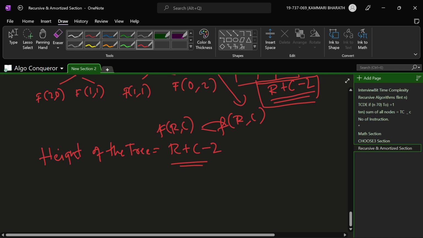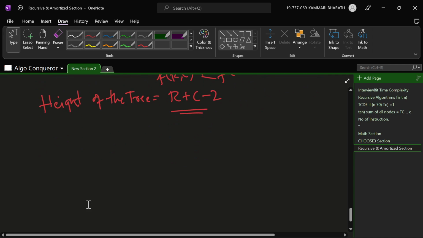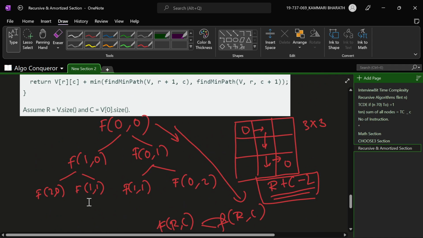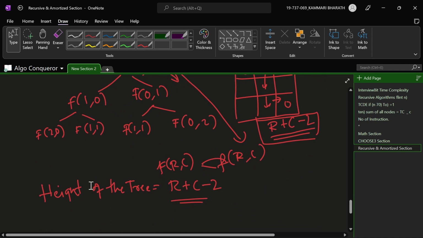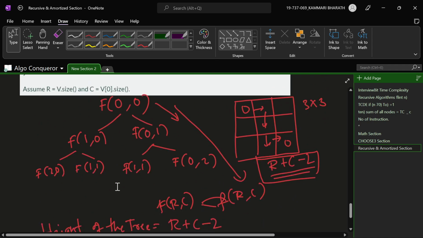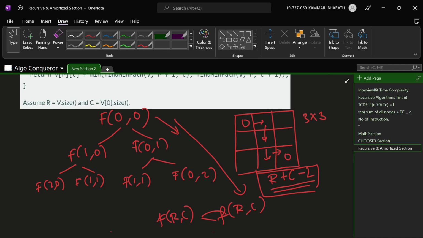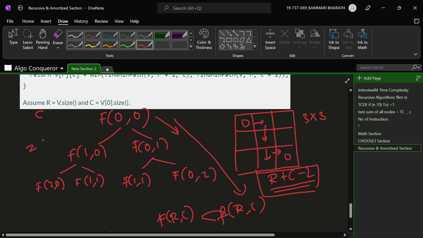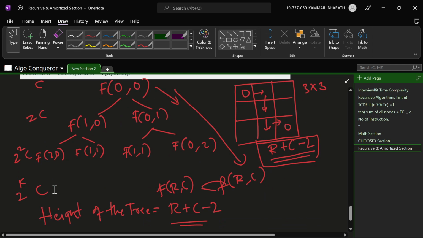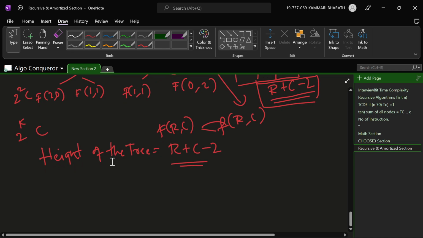Now let's calculate the time complexity. At each step we are doing constant work. So at the first level we did c work, and the second level 2c, then 2 square c, and so on until 2 power k c, where k is the number of levels on the tree, basically the height of the tree.